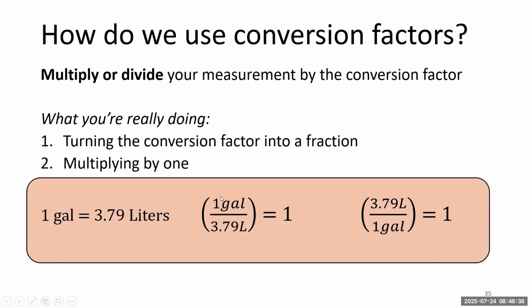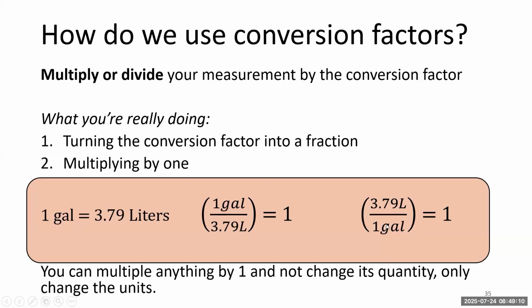For example, we're looking at 1 gallon equals 3.79 liters. This is what we call a conversion factor. We know that in 1 gallon, there are 3.79 liters. And we can represent that by showing that 1 gallon over 3.79 liters is equal to 1, and 3.79 liters over 1 gallon is also 1.